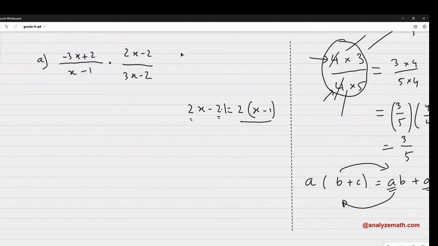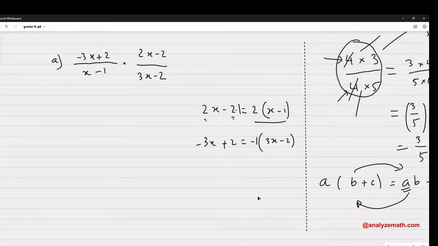So I will say my 3x plus 2, this expression here, I can write it with the minus 1 or just as minus 3x minus 2, and this is exactly what we have here. So it's like factoring negative 1. Now let's go to our expression and start working on it.